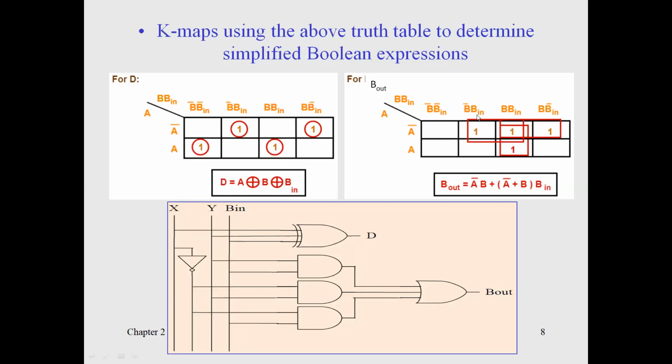Okay, so 0 1 1 1. So B bar and B, you can see here the opposite one, here is the non-inverted form and here is the inverted form. It will combine, it will produce 1. So the rest will be only B in. So it will be row into column, that is A bar B in. A bar B in. You can see here clearly it is reflected over here.